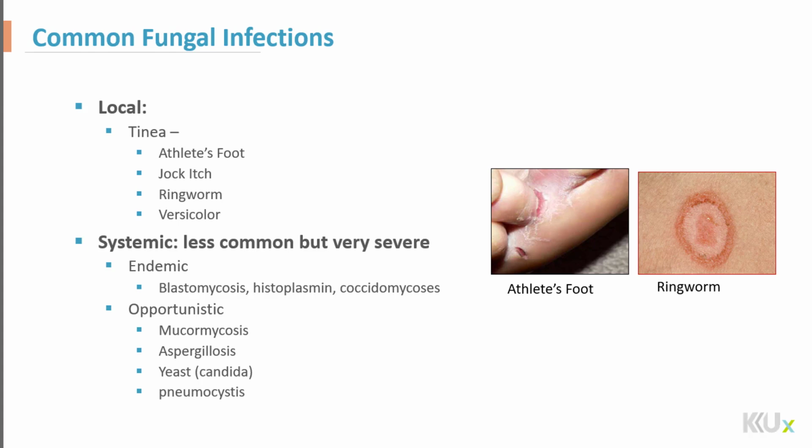Examples of those are blastomycosis, histoplasmosis. We have also mucormycosis, aspergillosis. Maybe if you went through an infectious diseases rotation, you've seen patients with yeast, which is very common, candida infections, and pneumocystis. So those are the types of fungal infections.